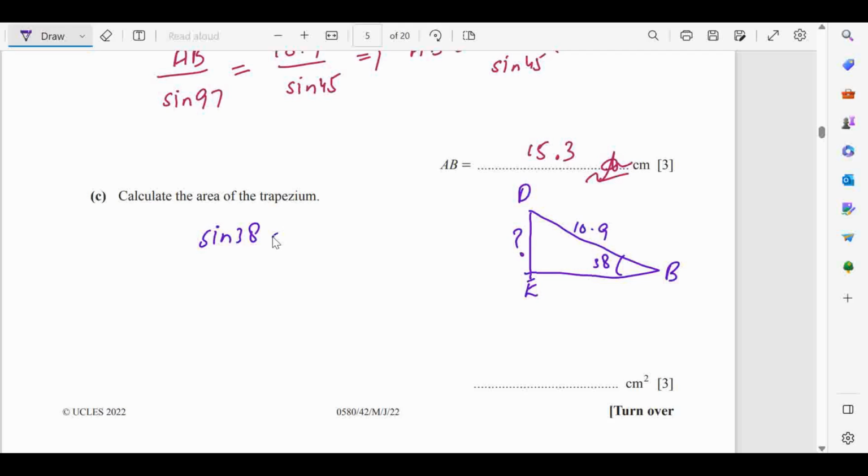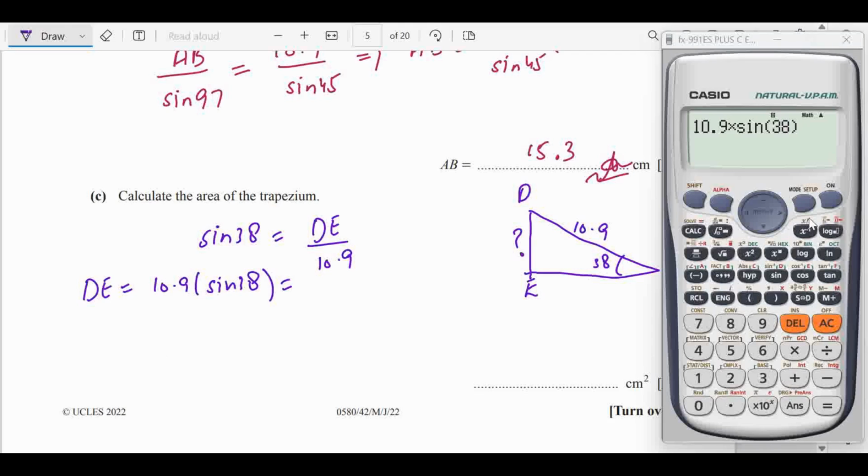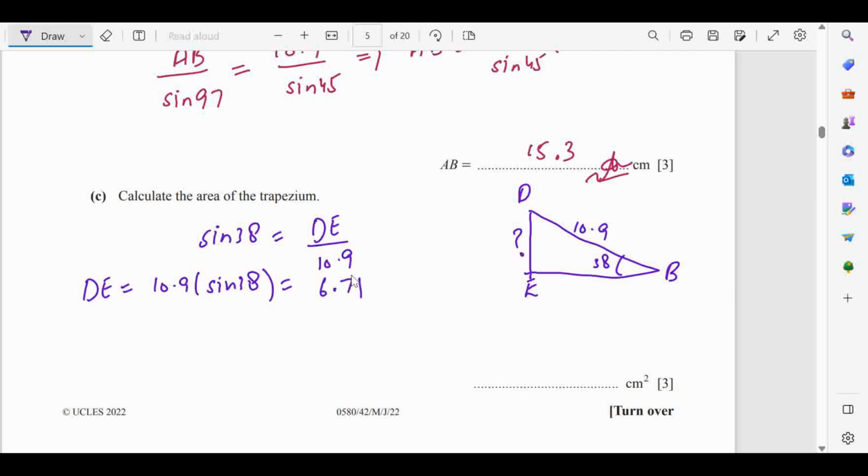So sine of 38 will be equals to DE divided by 10.9. So from here we can see that DE will be equals to 10.9 into sine of 38. Now 10.9 into sine of 38 will be equals to 6.71.